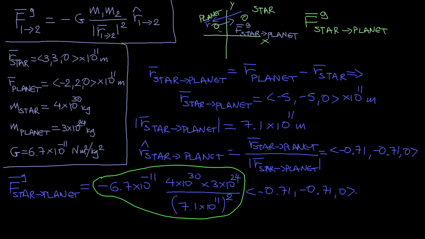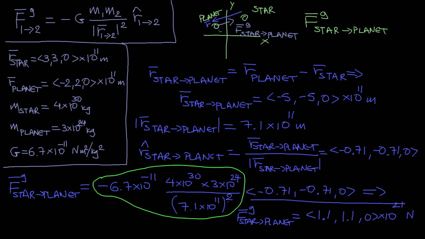If you do these calculations, you will find that the gravitational force from the star on the planet is equal to 1.1, approximately 0, times 10 to the 21st newtons, and this is our final result.